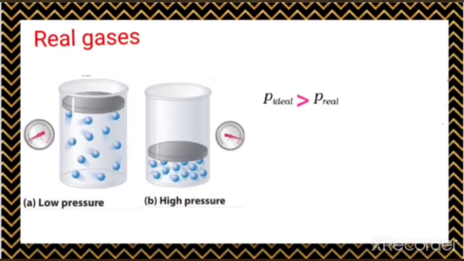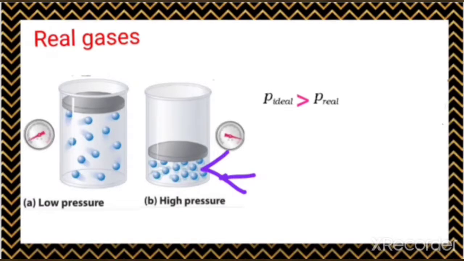At high pressure, molecules of gases are very close to each other, as shown here. So molecular interaction starts operating. That means molecule-molecule interaction will be shown when the gas is at high pressure.